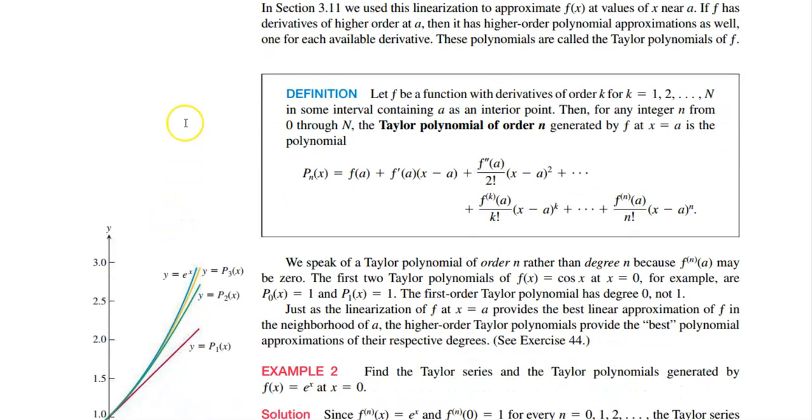So let f be a function with derivatives of order k for k equals 1, 2, all the way up to capital N, in some interval containing a as an interior point.